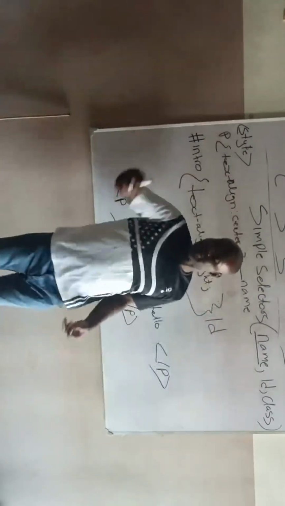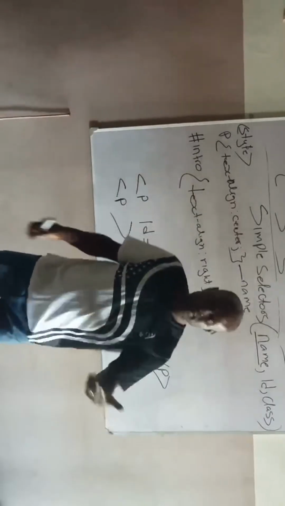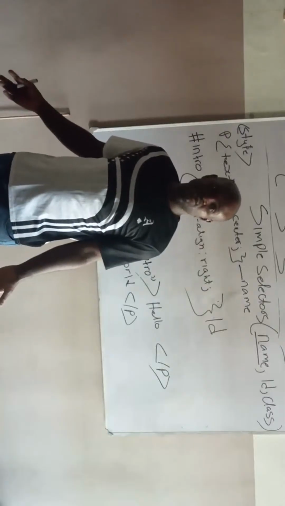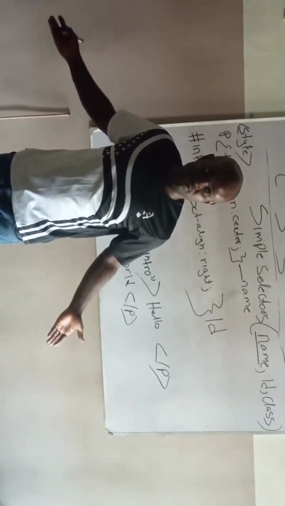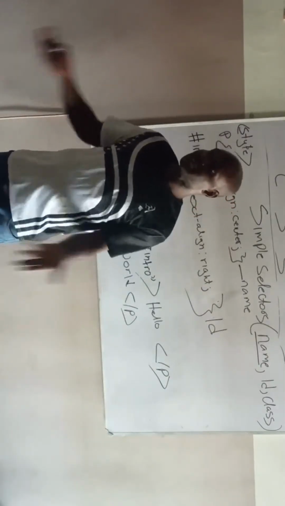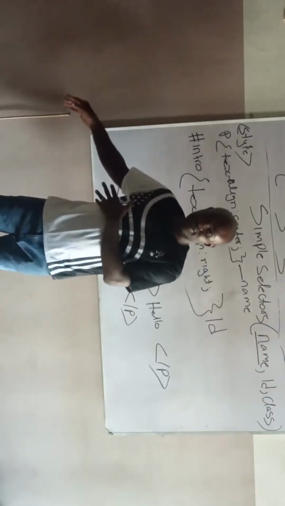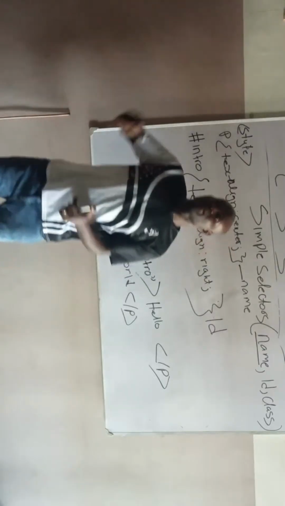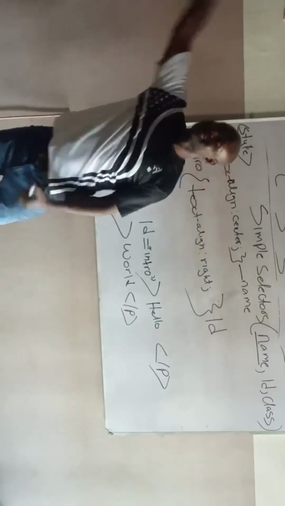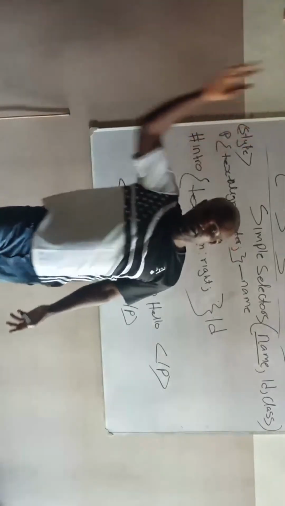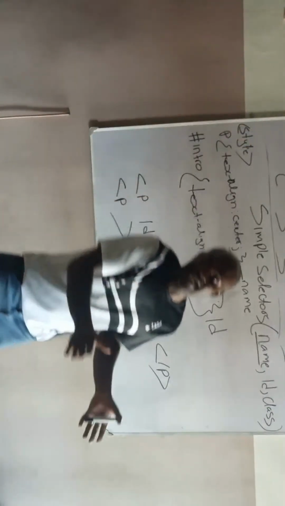Where are you? I'm in the ICT lab. Which class are you? I'm in JS1. Everybody in JS1, stand up. All the JS1 will do what? Stand up. Then, remember when I said direct relationship, I can say all JS1 boys, stand up, or all JS1 girls, stand up.